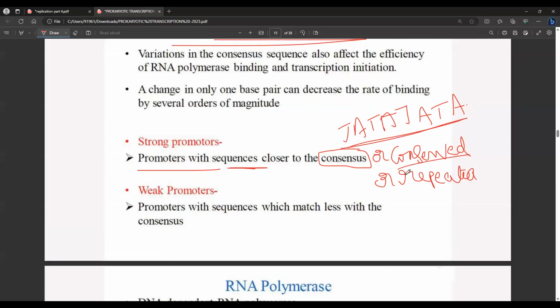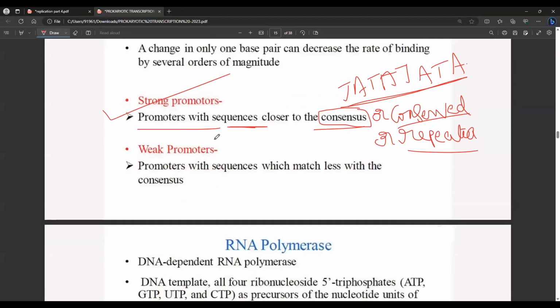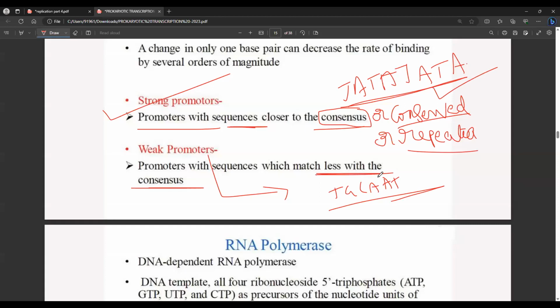This is called conserved, consensus, repeated. So if a promoter contains this kind of sequence, it is a strong promoter. A weak promoter has a less consensus sequence, for example TGCA, AT. This is not highly repeated like the other, right? That's why we call it a less consensus sequence. Please don't get confused with the point.